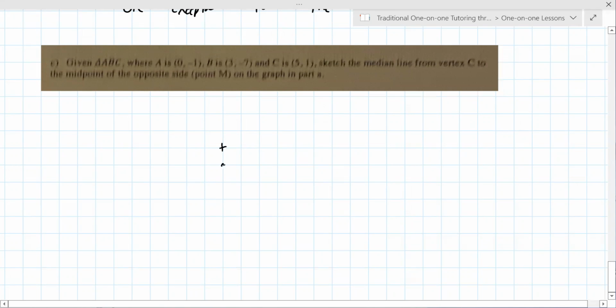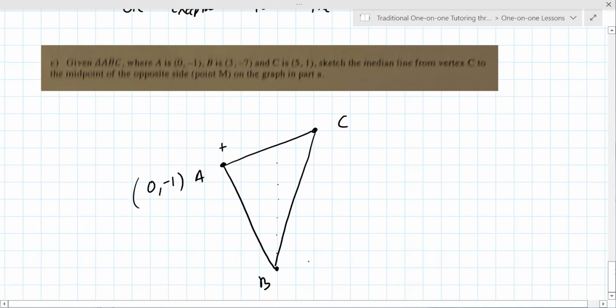There's point A, then 1, 2, 3, 4, 5, 6, 7, there's B, and C is right here. So here's your triangle, A, B, C.